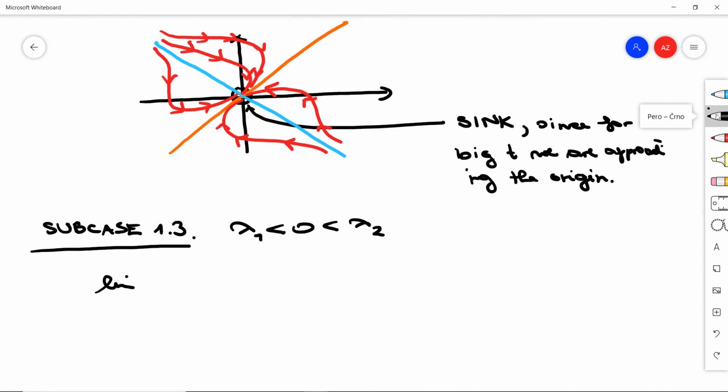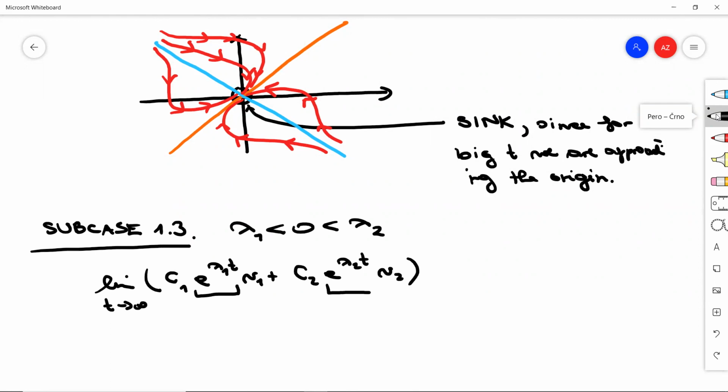Again, we are computing the limit as t goes to infinity of this expression, C1 e to lambda 1 t v1 plus C2 times e to lambda 2 t v2. So we have to compare those two coefficients. What do we notice? Lambda 1 t goes to minus infinity, and lambda 2t goes to infinity, because here we use that lambda 1 is smaller than 0 and lambda 2 is bigger than 0.